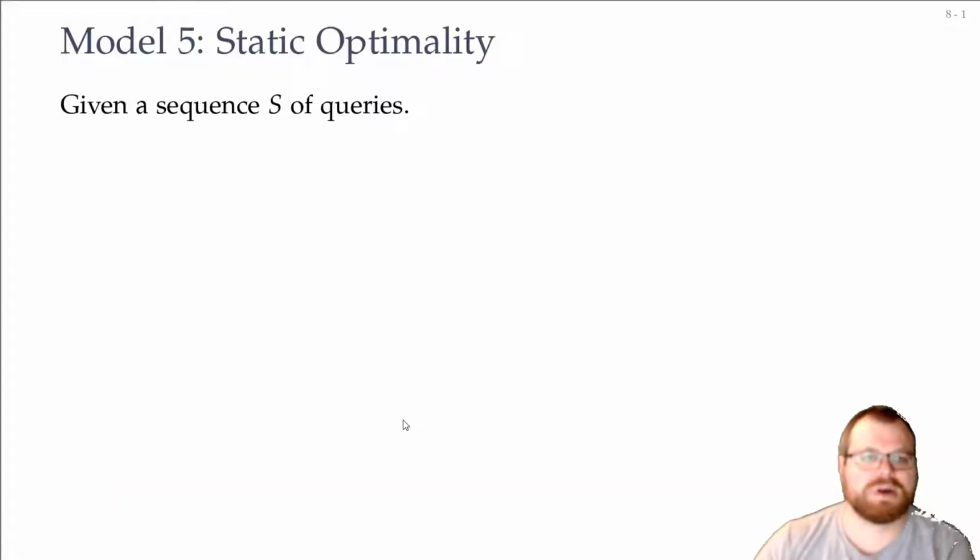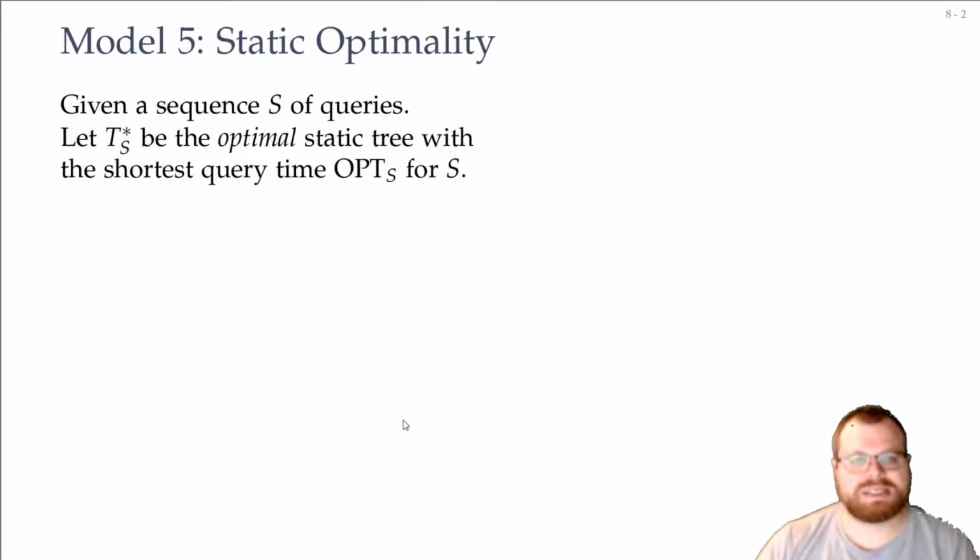And the fifth one, which is maybe the most important one, is the static optimality. Let's say we have a sequence of queries. There has to be some optimal static tree. So out of all static trees that you can build, there is one tree that has the shortest total query time for the sequence.